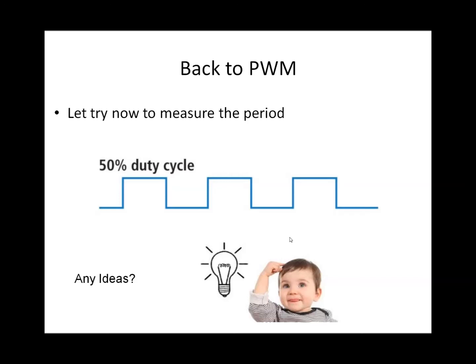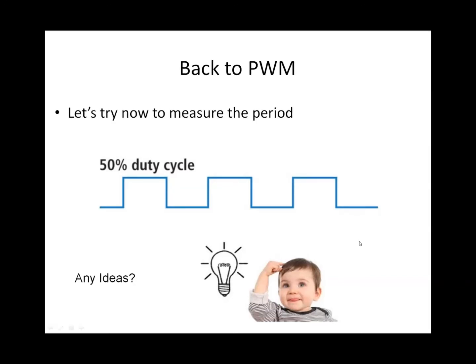You can remember the high time, and when you stop at the rising edge, you can have the low time. Okay. So the main goal is to print the high time as well. Okay. Anyone has more suggestions? Any extra? Anything? No?